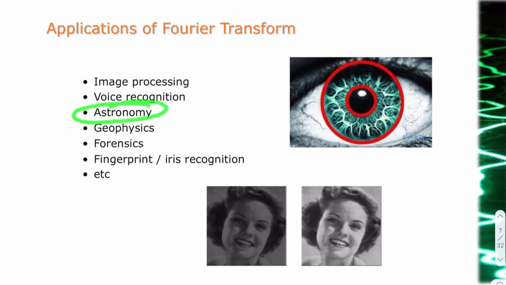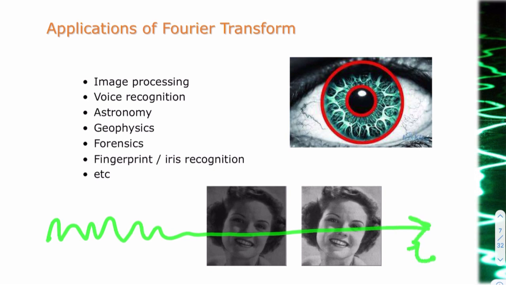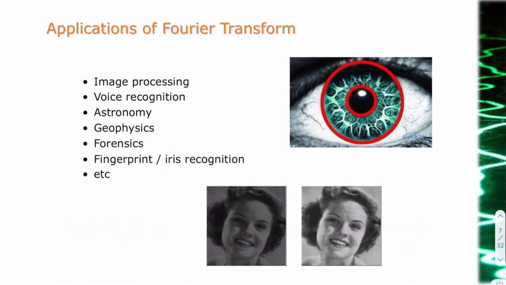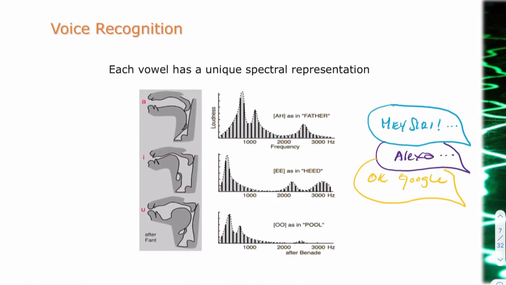In astrophysics and geophysics, there's a lot of image analysis, and often this is done in the frequency domain. Again, in voice recognition, this is often done in the frequency domain. So even though we think of signals as being in the time domain, often one- and two-dimensional signals are represented more meaningfully in the frequency domain.